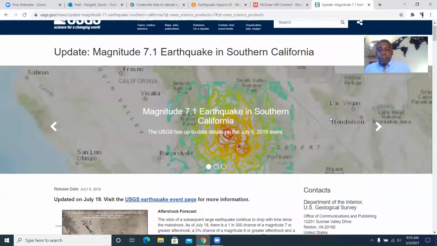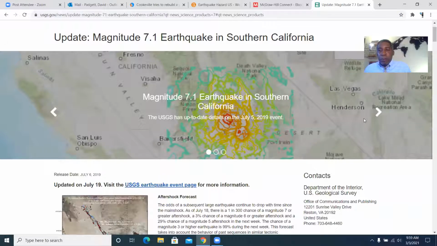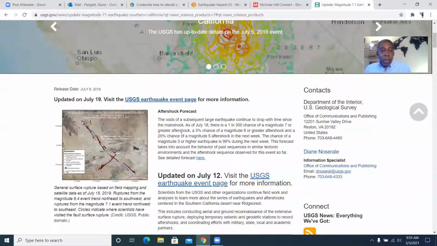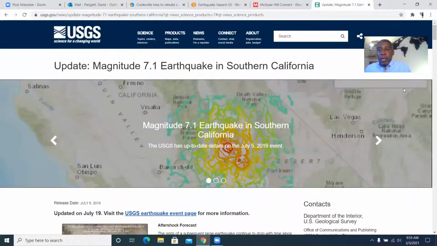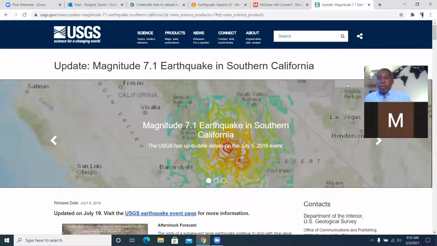Just to give you an idea, the epicenter of the quake was 250 miles away from where I was in San Diego. 250 miles away, but it was a 7.1 magnitude earthquake. That's a pretty powerful earthquake. I was in a hotel room 250 miles away from the epicenter.